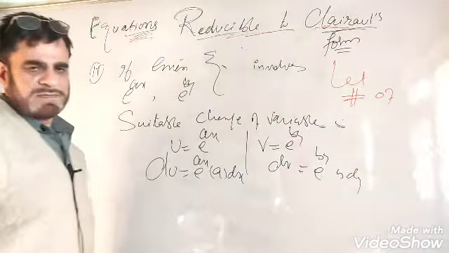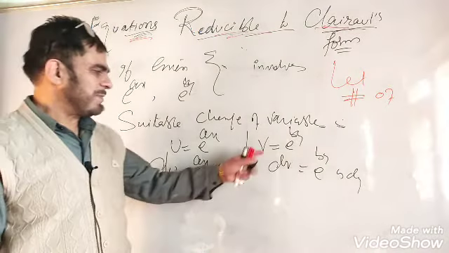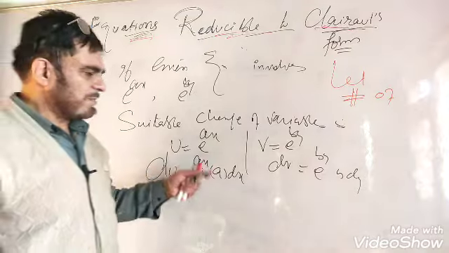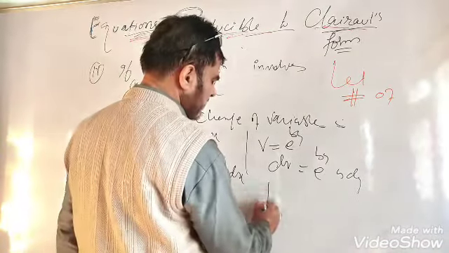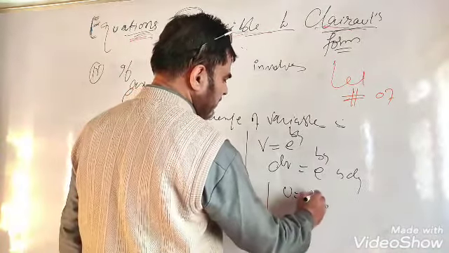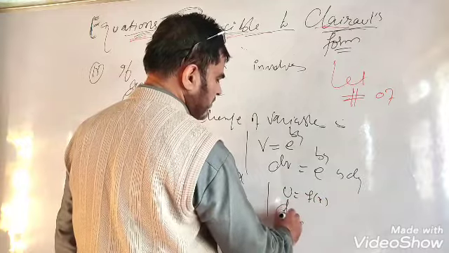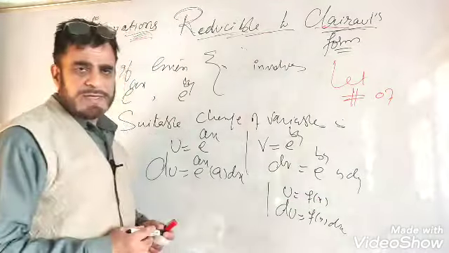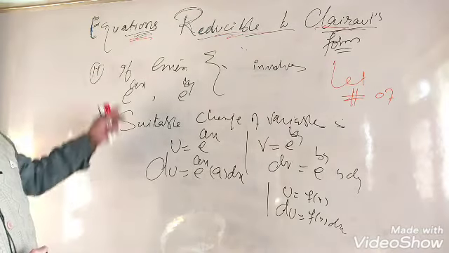Differentiating both sides independently, or you can differentiate here with respect to y, this with respect to x. This is also the theorem. You have done it in previous class. If we have u is equal to f of x, we can write sometimes du is equal to f dash of x dx. Okay, so these are four tips.